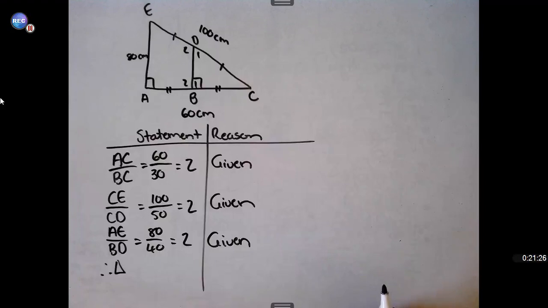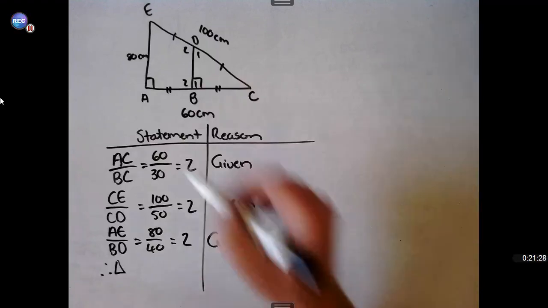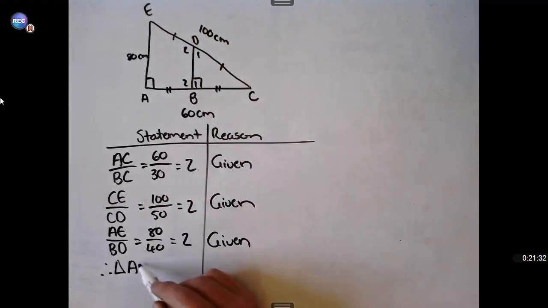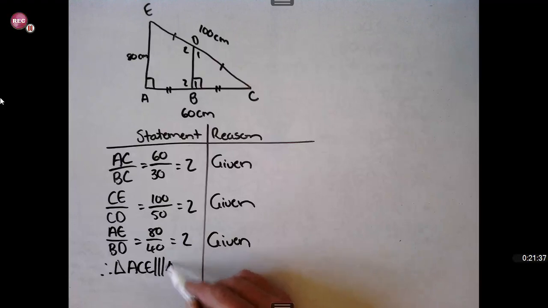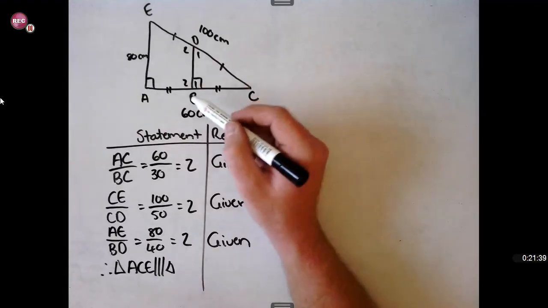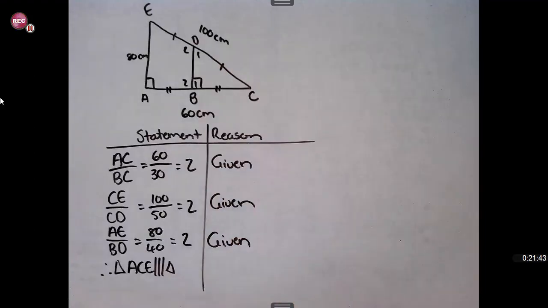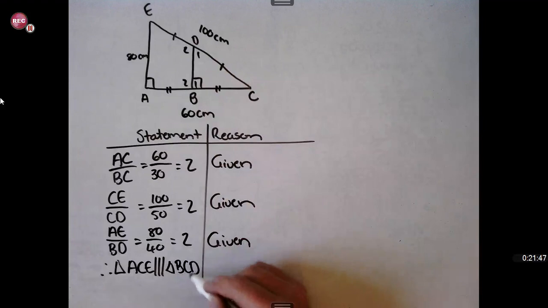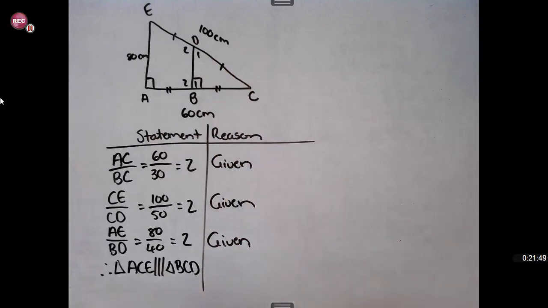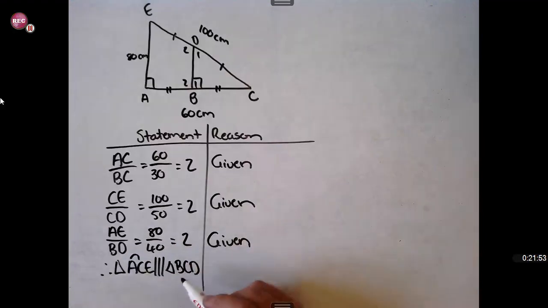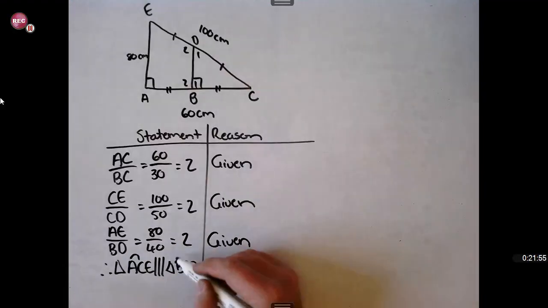So, when writing this, we're going to say triangle ACE is similar to triangle BCD. Triangle BCD. Okay, let's check quickly if we can make smiley faces. So side AC, there we go, and BC, there we go.